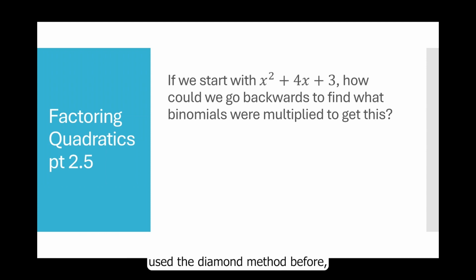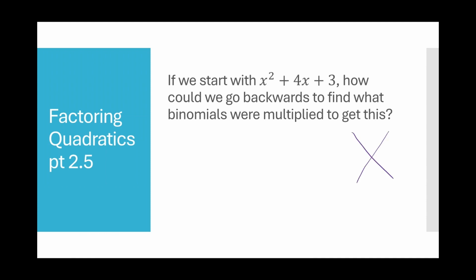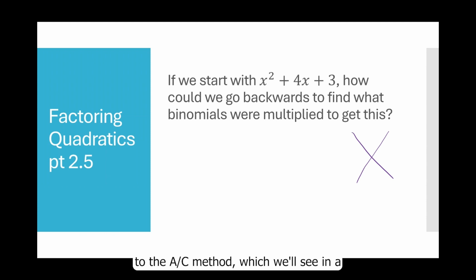If you have used the diamond method before, we can also do that one. It is similar to the AC method, which we'll see in a minute, and here's why. In the diamond method, up here, we are going to put A times C, and down here, we're going to put B, and right now you're like, Lindsay, what are these?